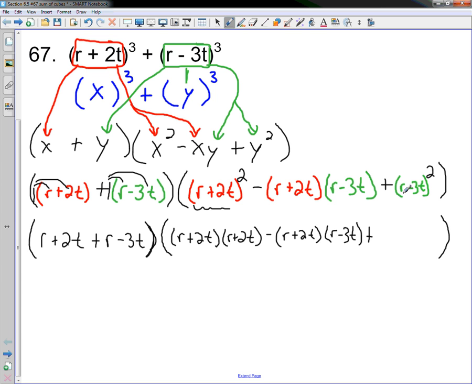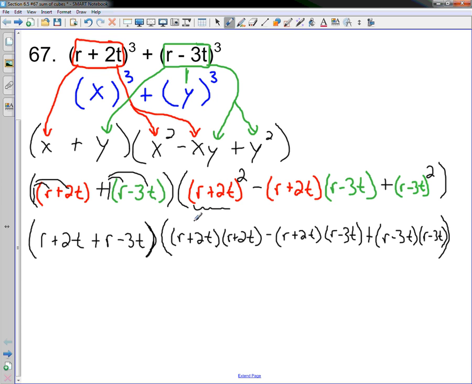Plus, on this one, the r minus 3t squared means there's two of them. So r minus 3t times r minus 3t. Almost didn't leave enough room. So again, be careful and make sure that you remember to break it apart into the two binomials and don't just distribute the square in to get r squared plus 4t squared.